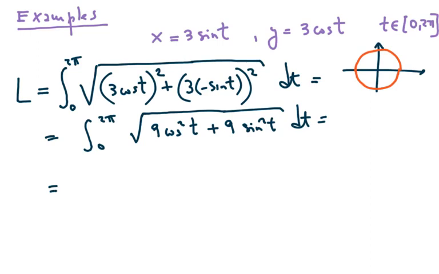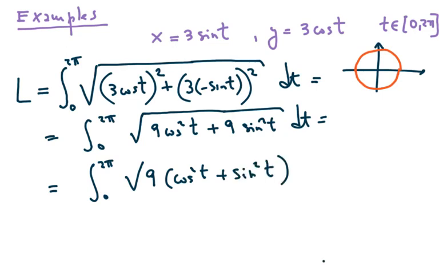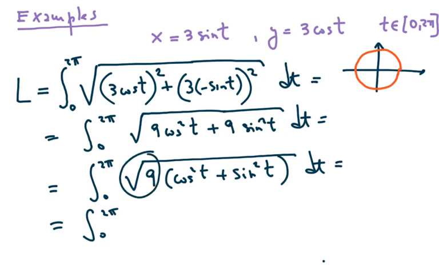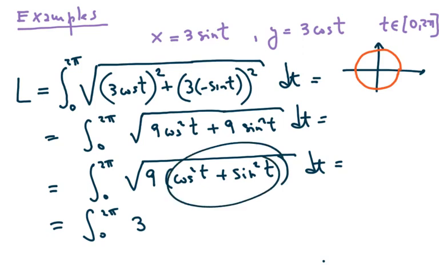Now let's just do the algebra here. So this is the integral between 0 and 2 pi of, taking the common factor 9 between these two terms, what remains is cosine squared plus sine squared, which is of course 1, and so this is the integral between 0 and 2 pi of the root of 9, I mean just separating here the roots, which is 3, and the root of 1, which is 1, so it's just 3 dt.